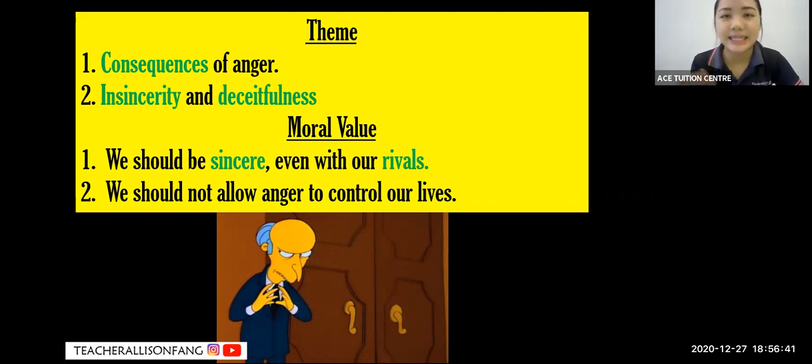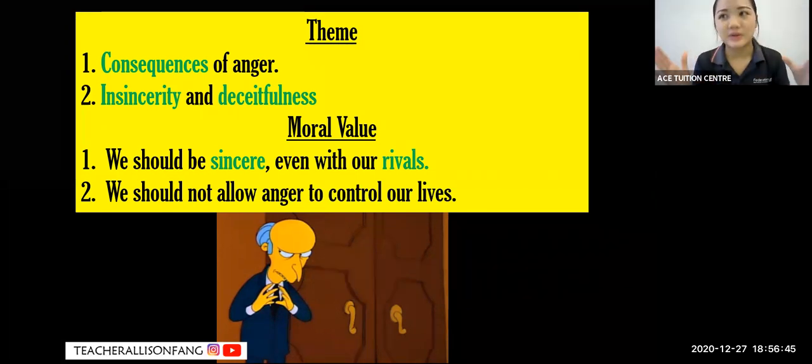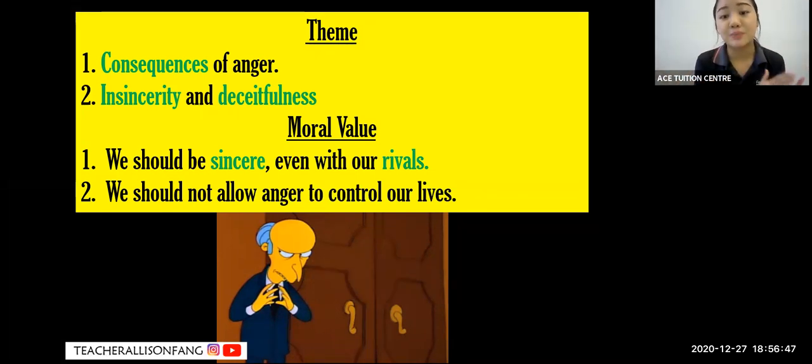So that basically signified insincerity and deceitfulness. So as a whole, the moral value is we should be sincere even with our foes. We should be sincere even with our enemies, because we should not allow anger to control our lives. So this is the theme, this is the moral value, and the entire explanation for the Poison Tree poem.